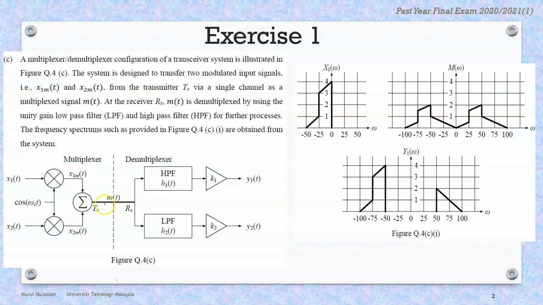So this M(t) will be transmitted via a single channel. This is what we call a channel, this line here. And this is what we call the multiplex signal, because this signal is from X1 and also X2M summed together. At the demultiplexer, which is at the receiver part, both of these signals, these M(t) signals, go through two different systems.